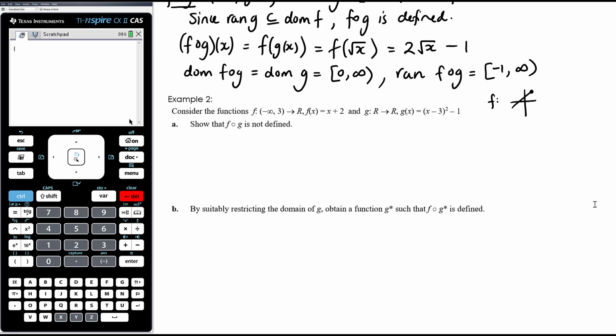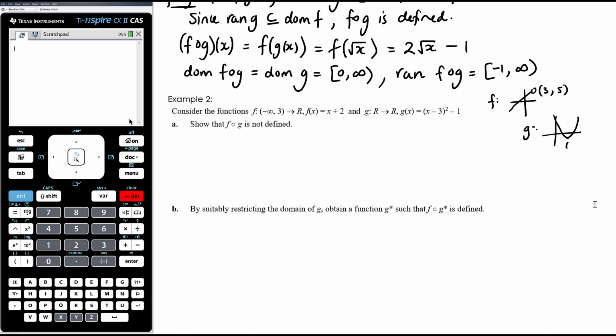So it's going to stop at 3, not including 3, so we're going to have a hollow circle there. When x equals 3, y will be 5. So it's going to essentially have a domain from negative infinity to 3 and a range from negative infinity to 5. g is a parabola right by 3 and down by 1.